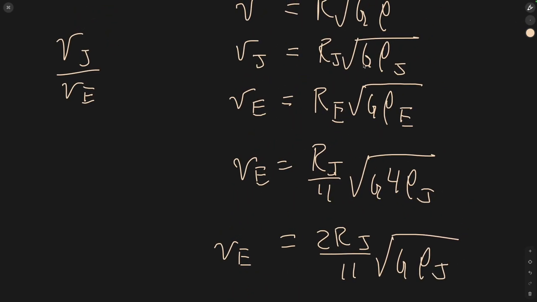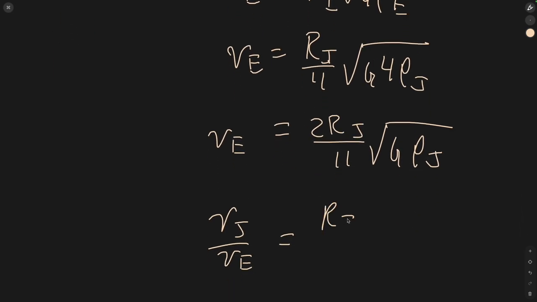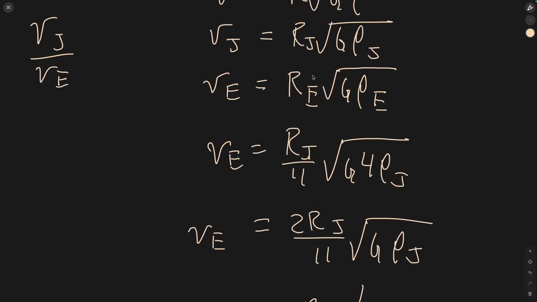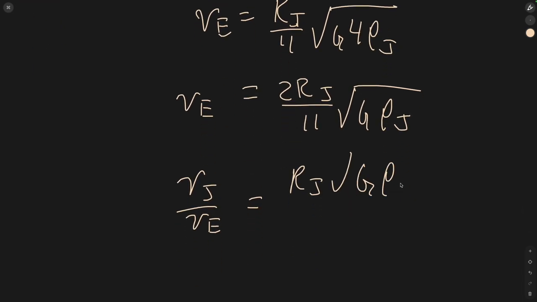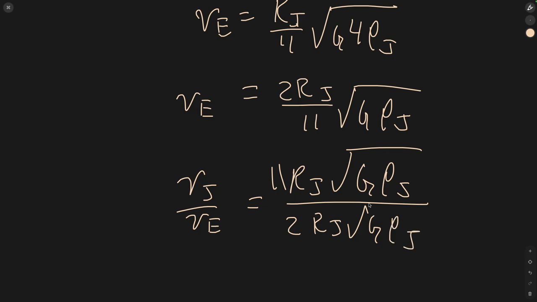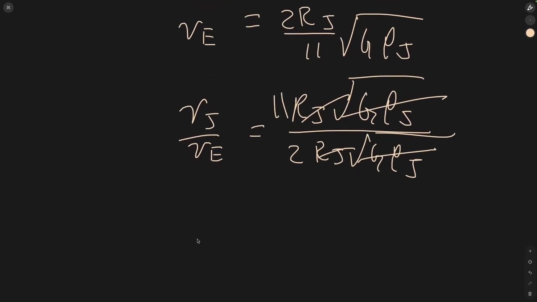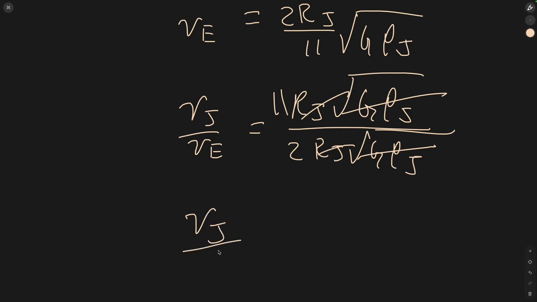VJ is RJ square root of G rho J. And then VE is 2RJ, the 11 can come up here, and square root of G rho J. So G rho J, RJ, RJ cancel. VJ over VE is 11 over 2.